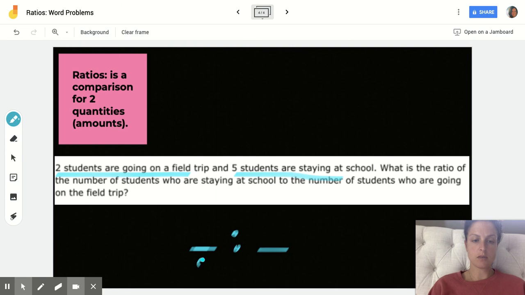So I'm just going to put school, and then the number of students going on the field trip. If I look back, 2 students are going on the field trip, so the 2 comes second, and 5 students are staying at school. So our ratio is 5 to 2. Okay, 5 to 2.